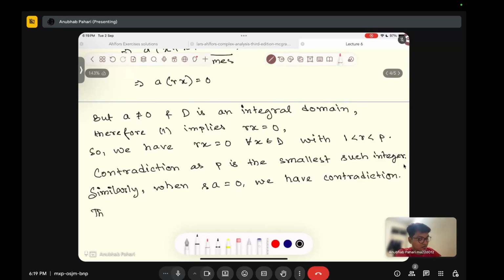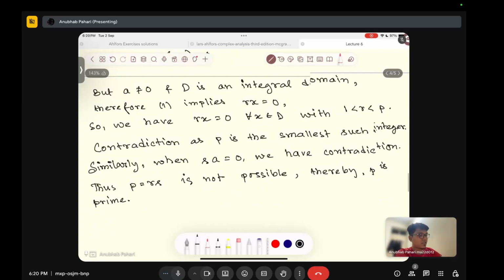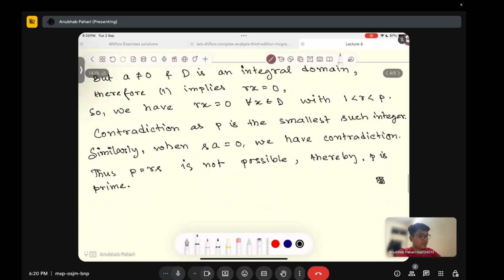Thus P equals to RS is not possible, thereby P is prime. So we have done our second proof.